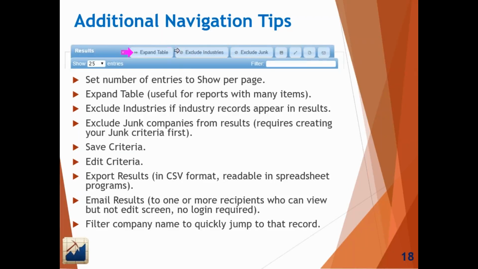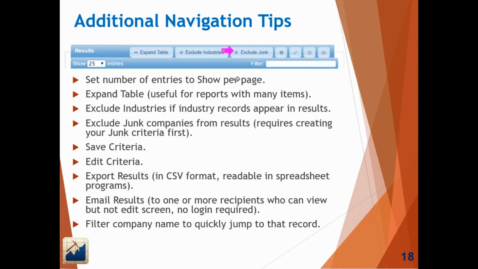The exclude, include industries button here, we'll talk more about industry records, but if you have a search where industry records are showing up, and you'll know them, they're in red italics, you can eliminate those by clicking the exclude industry button. We also have this button, exclude junk. And we'll talk more about junk companies. You have to set up your own junk screen.